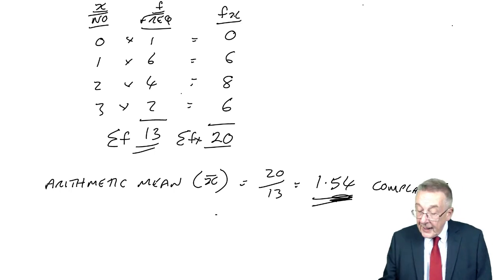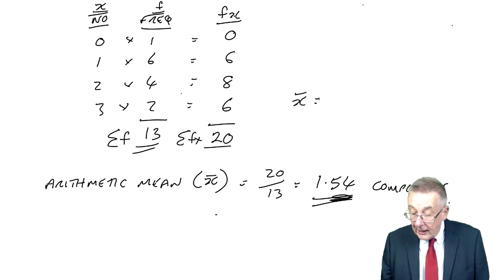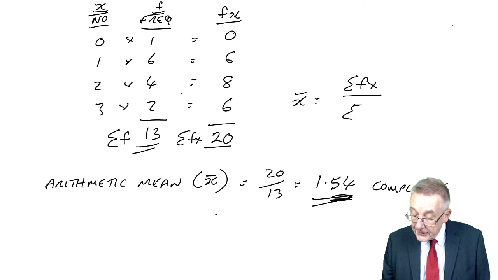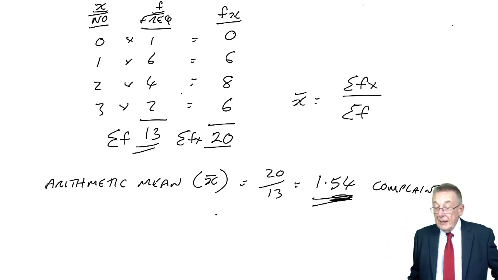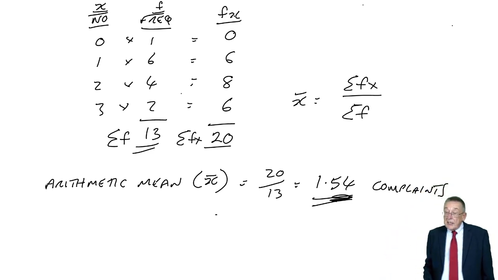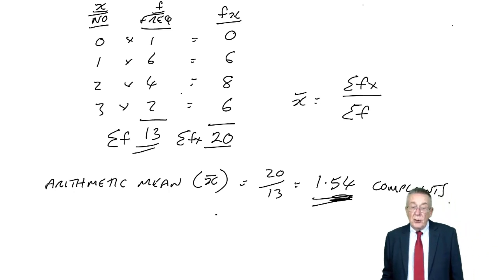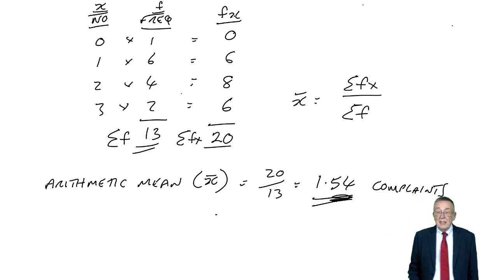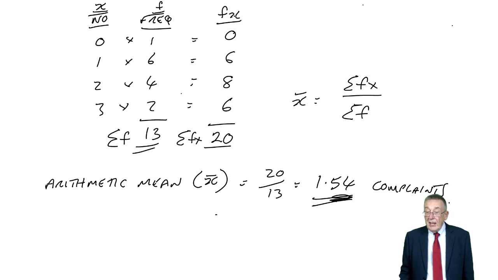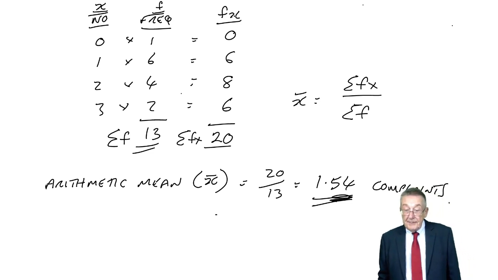And therefore, the mean X bar is sigma Fx divided by sigma F. Now, to learn that as a formula, I personally think would be ridiculous. If you've understood me, you don't need a formula.